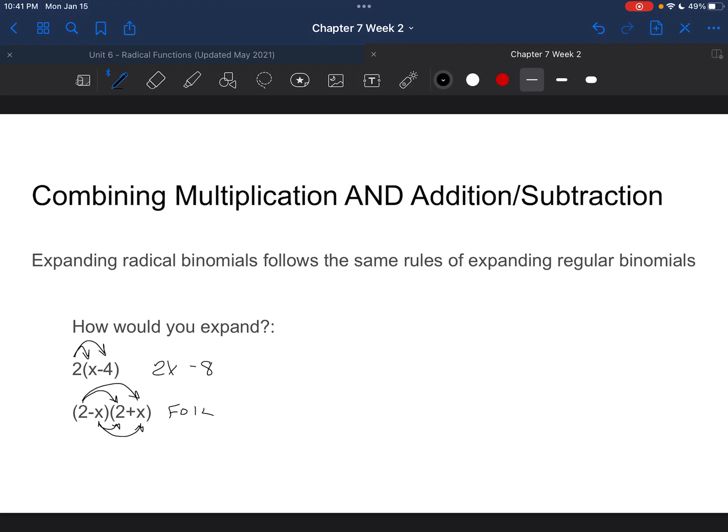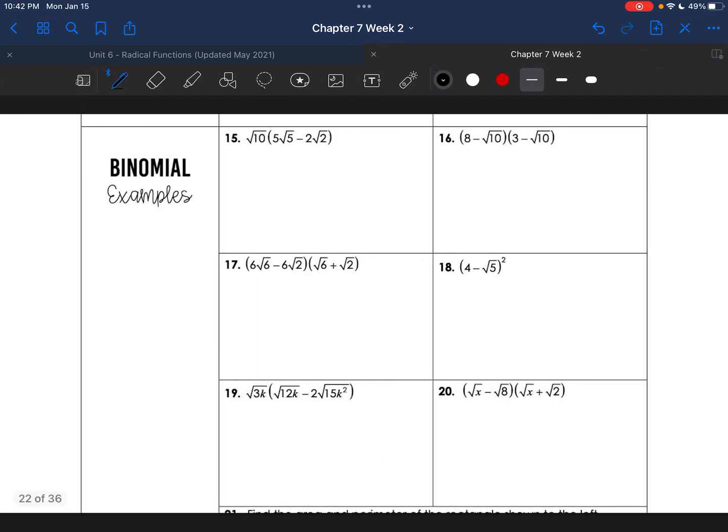So when we're working with binomials or monomials with a plain variable, it's pretty easy to distribute and expand those out. The rules apply exactly the same when we move into exponents, and radicals.